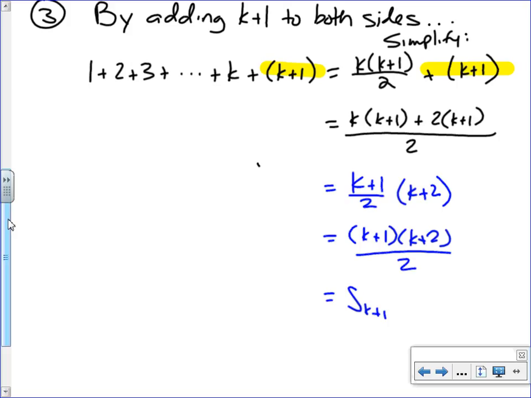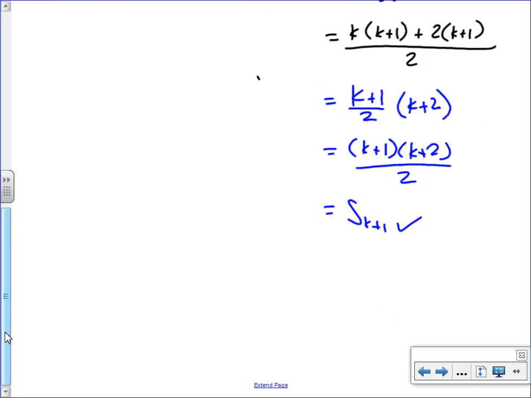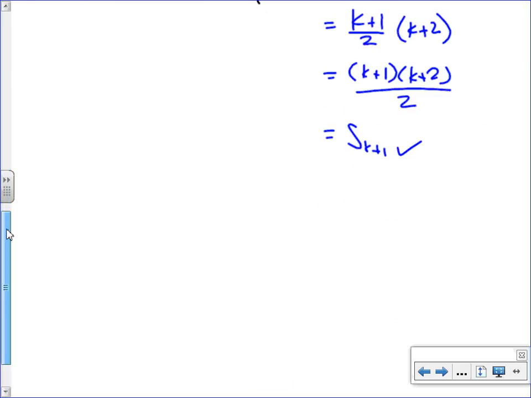Now, you have to have a conclusion. Don't get lazy with the conclusion, because that's definitely a method. That's like a free point.